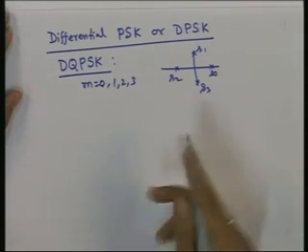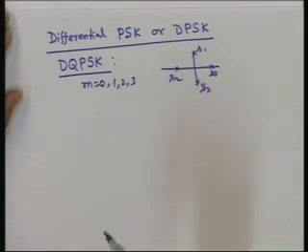That is, the phase difference between the previous symbol and the new symbol has the information. The information is contained not in the absolute phase of the present waveform, but in the phase difference between the previous waveform and the present waveform.